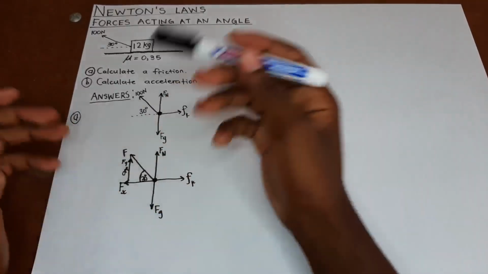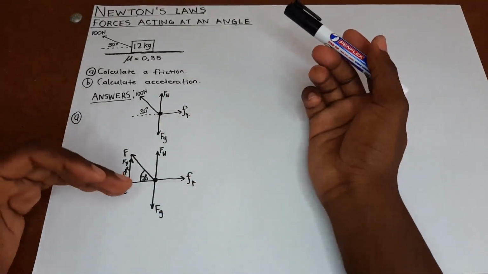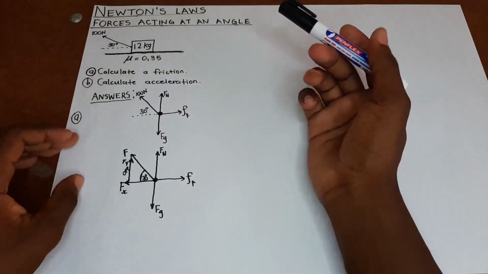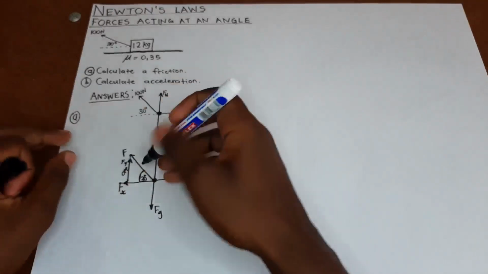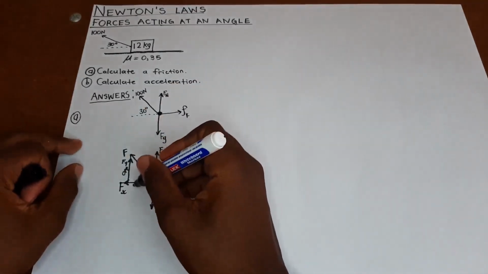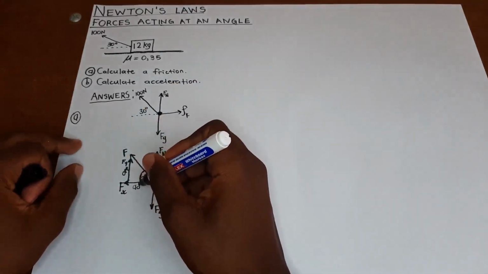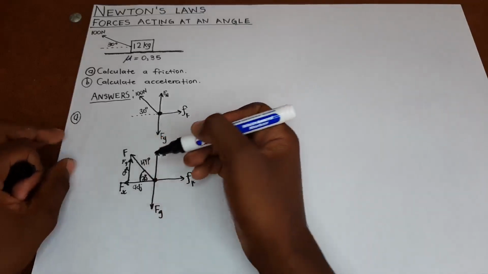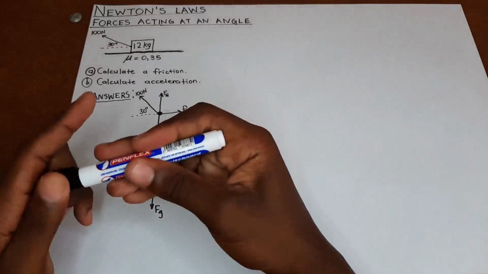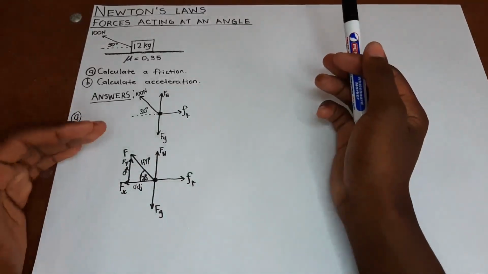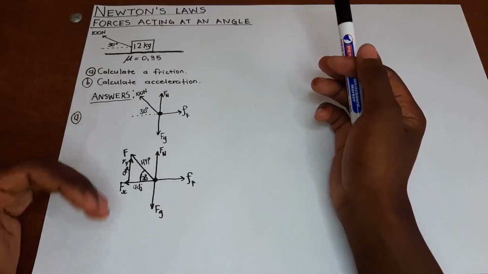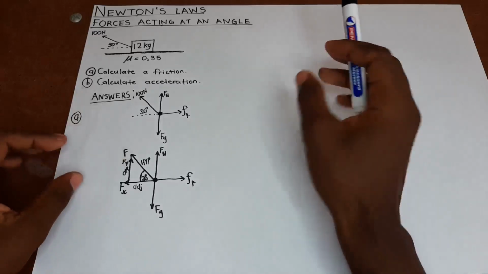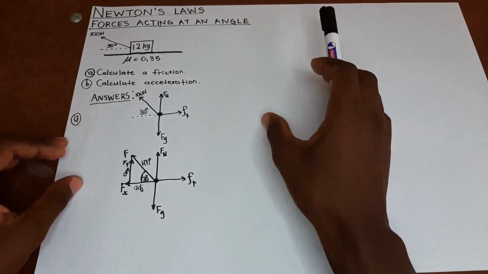The side that is nearest to our theta, kind of like a base, is our adjacent side, and this is our hypotenuse. Okay guys, I'm going to explain slowly again.